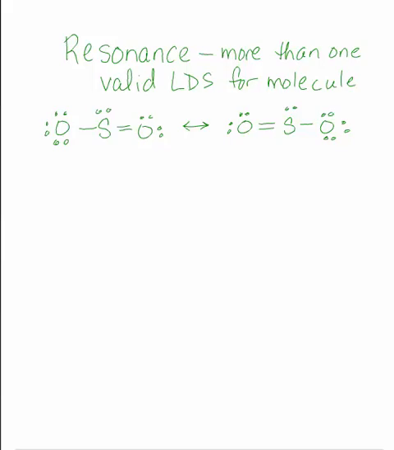Another example would be the CO3 minus 2 polyatomic ion. When that was drawn in lab, that should have had a double bond in the structure as in this first Lewis dot diagram. Now, technically, the real CO3 minus 2 structure is a combination of all three of the resonance structures that you're seeing here on the screen.